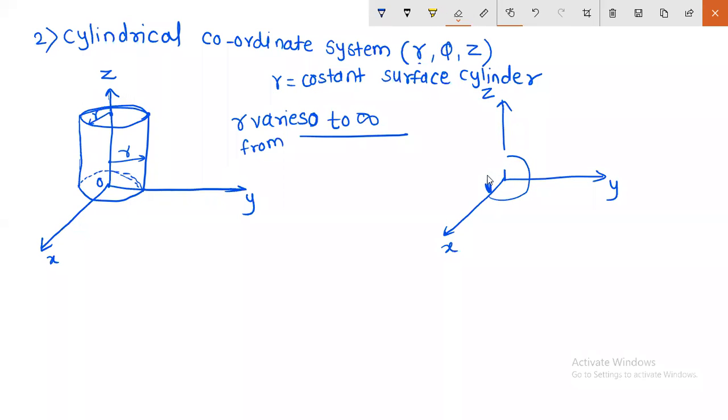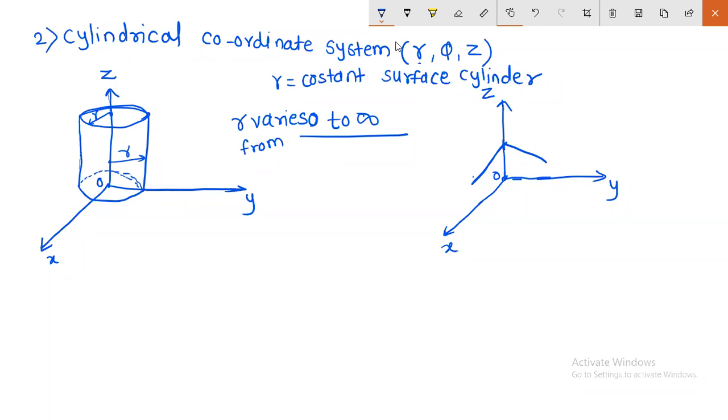So I'll show you how it is. This angle starts from your x-axis and can vary from 0 to 2 pi.